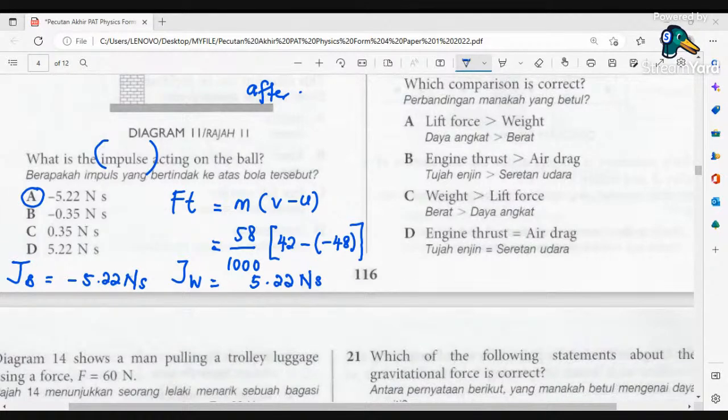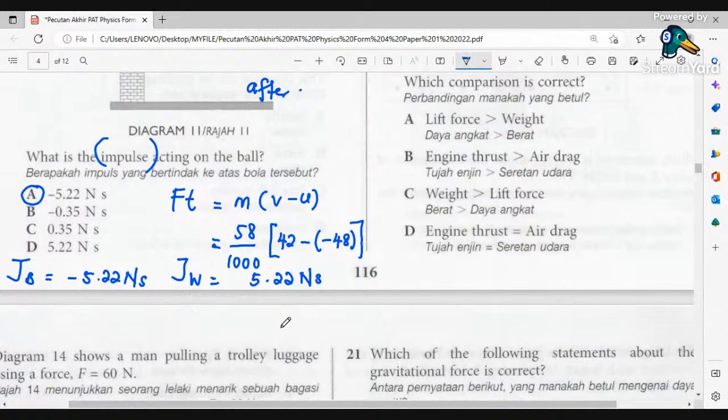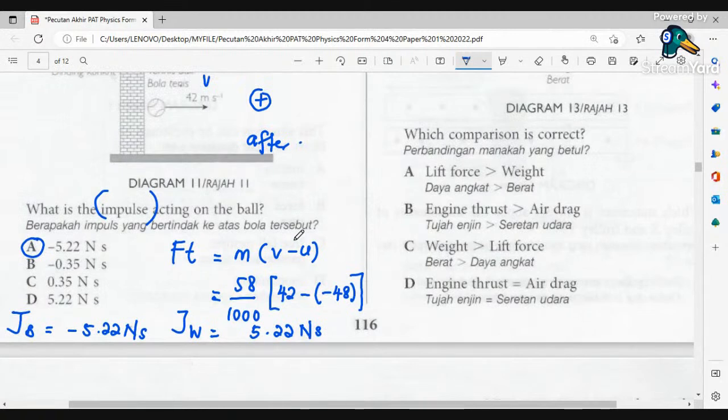Okay, so kita kena letak tanda negatif. Jawapan negatif sebab reaction force.